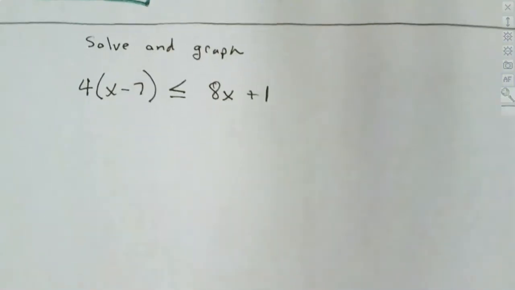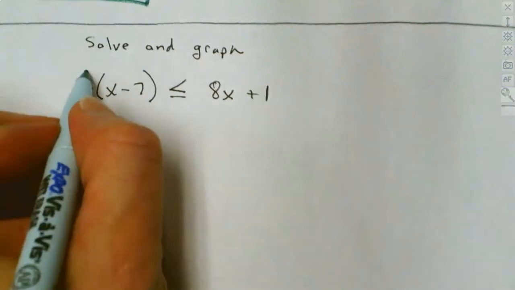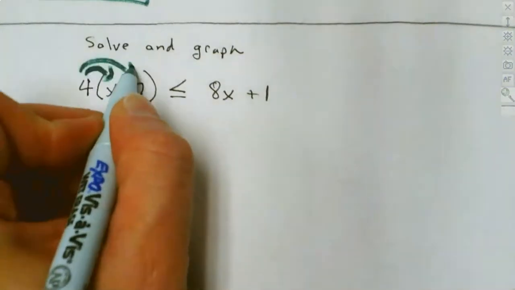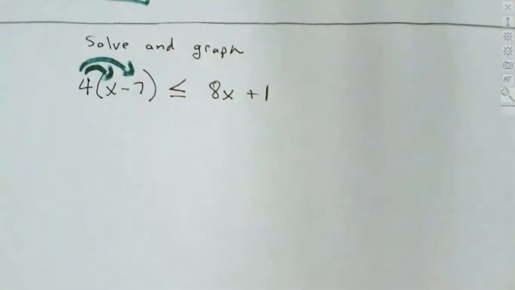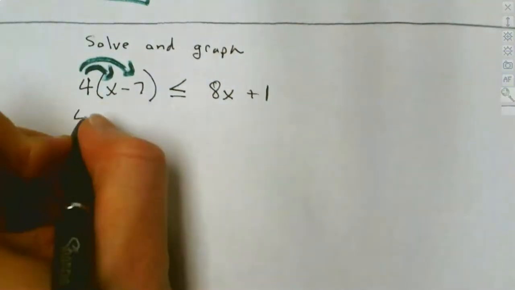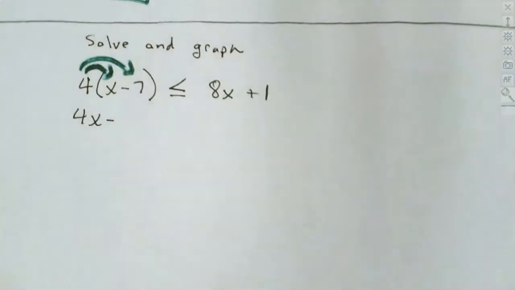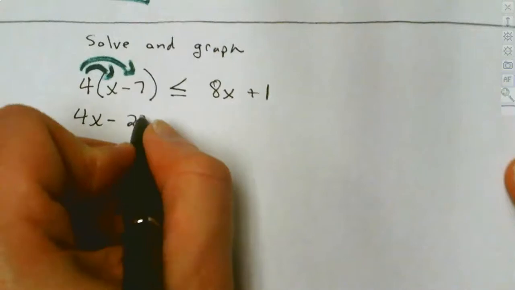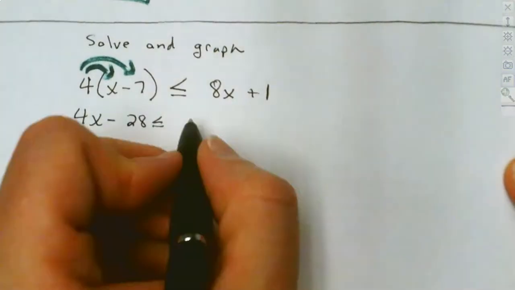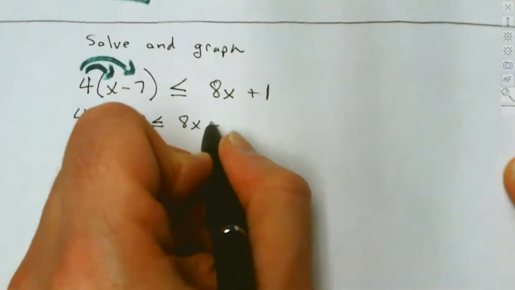Distribute through that 4. So that 4 is going to get distributed through. And when I distribute through that 4, I get 4x minus 28 is less than or equal to 8x plus 1.